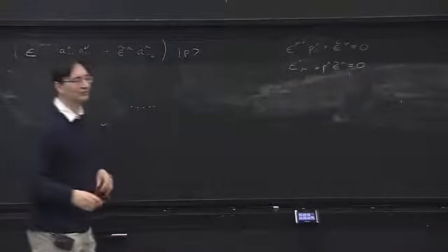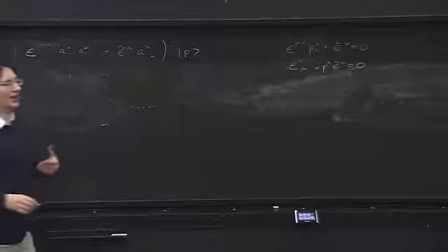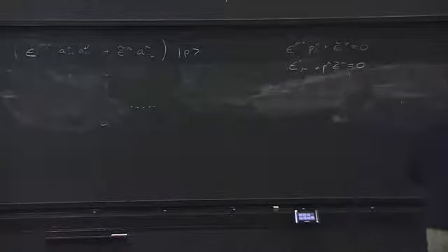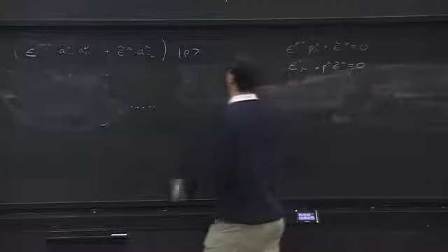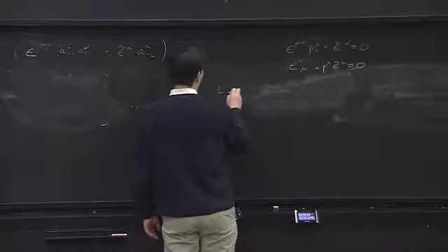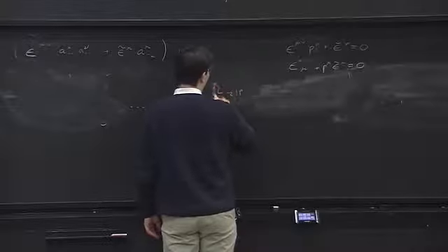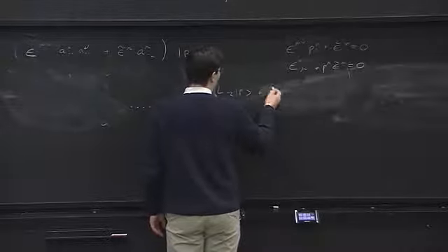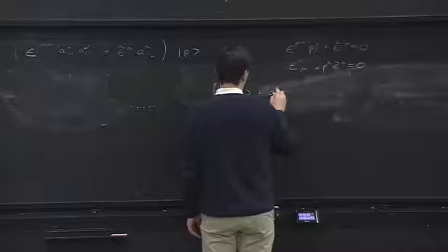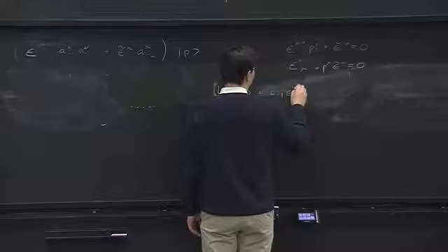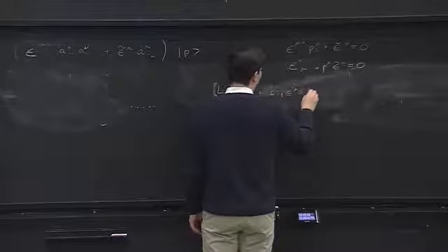Okay. And then you ask, are there any null states in here? So the null states are going to be states which are generated by L_{-2} acting on the momentum state, or L_{-1} acting on A_{-1}.